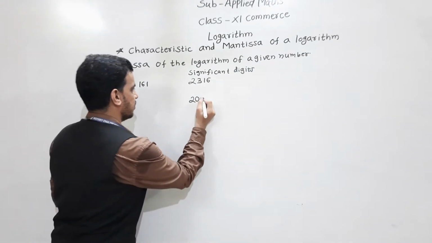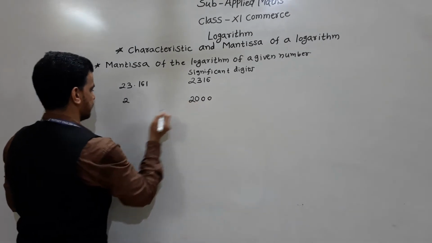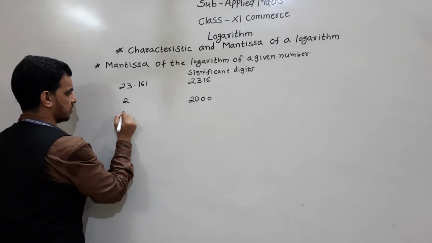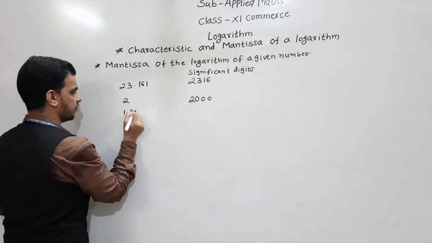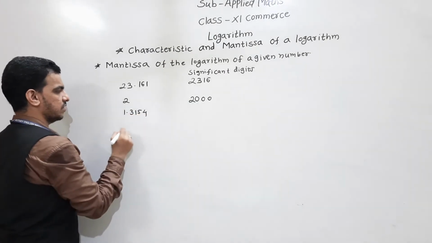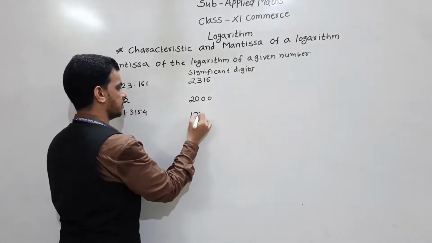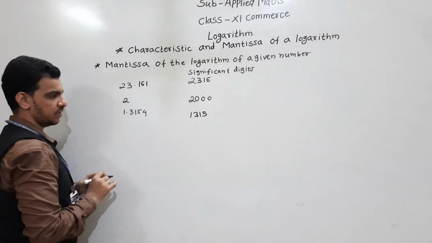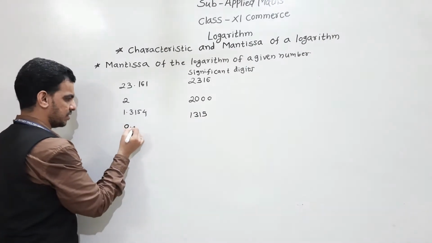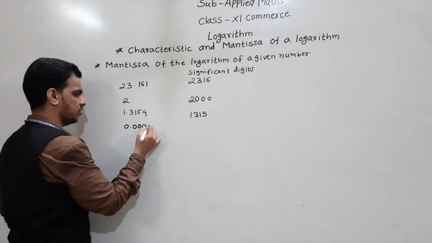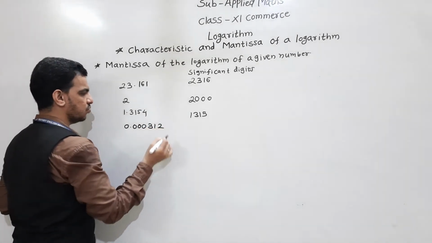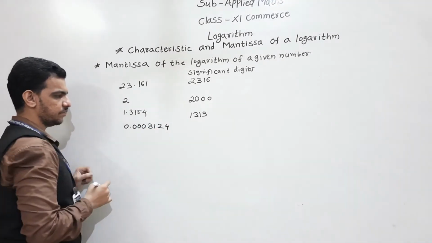Or we can write like this also. Suppose the number is 1.3154, then the significant digits are 1315. Suppose the number is 0.0003124.